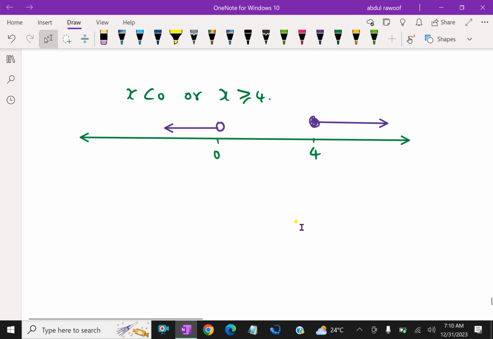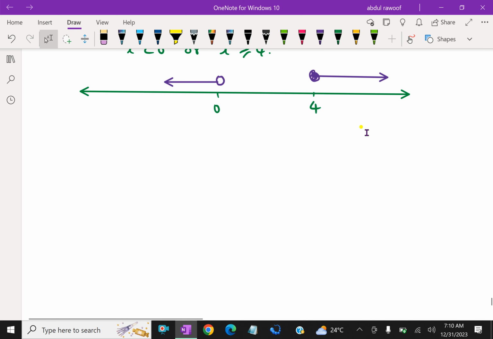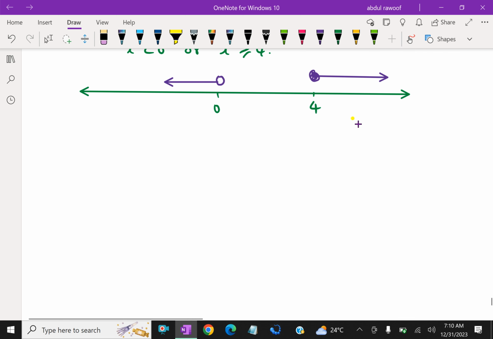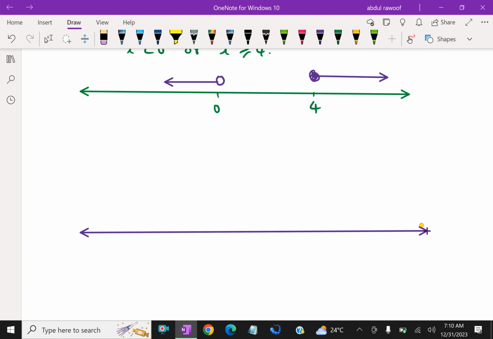Now, some graph is given, how do we get the inequality? Look at this. For example, suppose I give a graph like this.